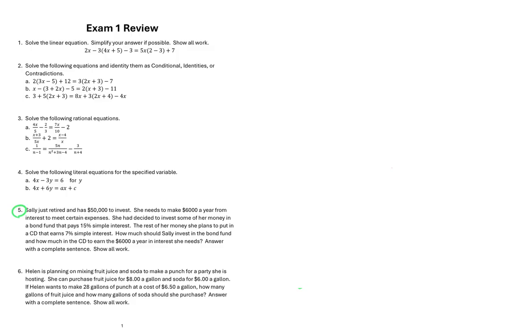Okay, so maybe let's set up a little chart. I'll do one for the bond. The bond comes first. So I'll go ahead and write bond, and then I'm going to write CD. Okay, and then we're going to look at principal, rate, and time for both the bond and the CD.